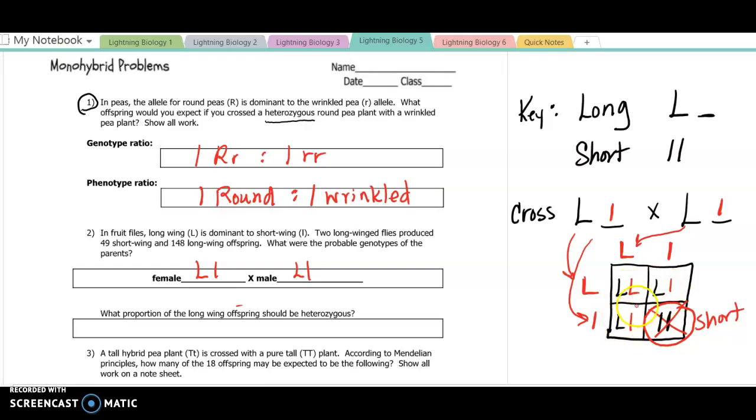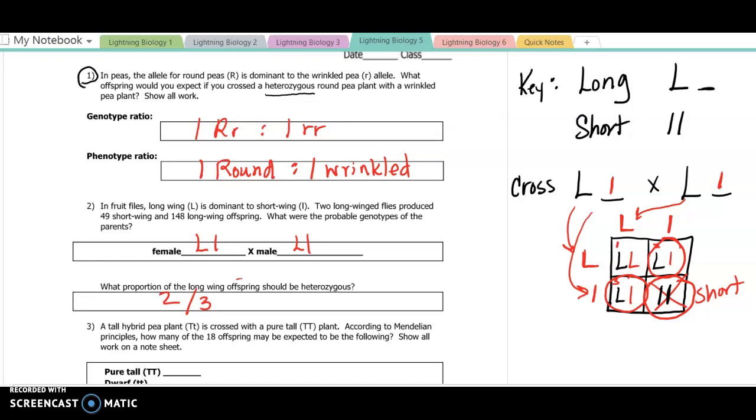Well, of the 3 boxes, so 1, 2, 3, these guys are heterozygous and these guys are heterozygous. And so 2 of 3, or 2/3, of the long wings are going to be heterozygous for wings.